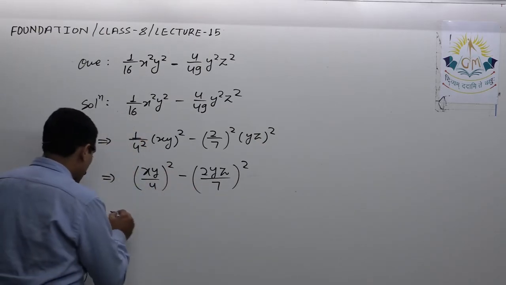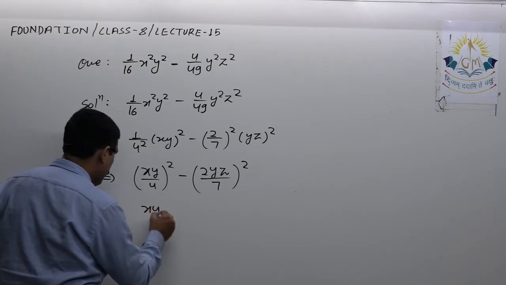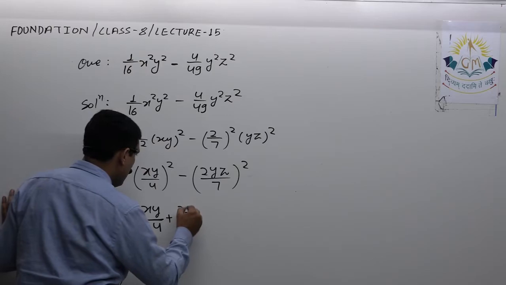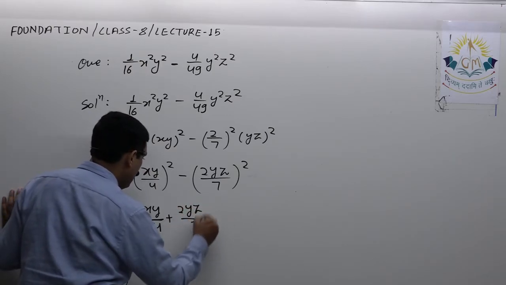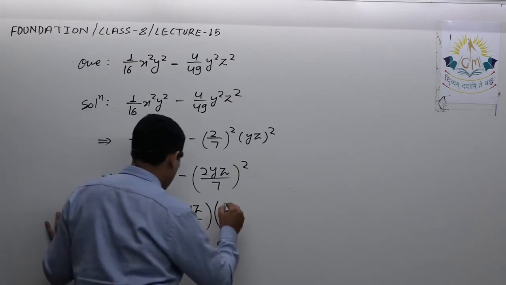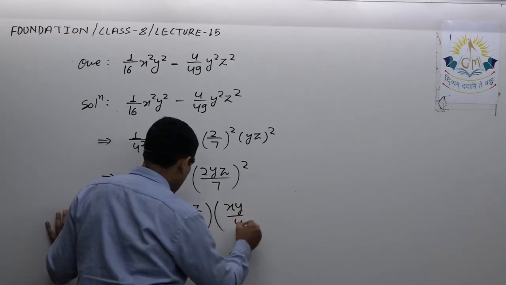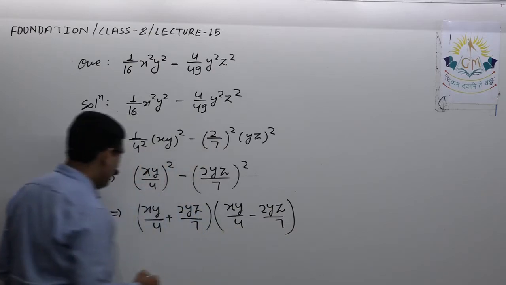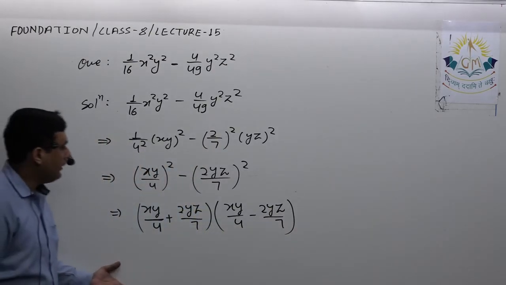So here I can say this will become a plus b multiplied by a minus b. So this is my final answer.